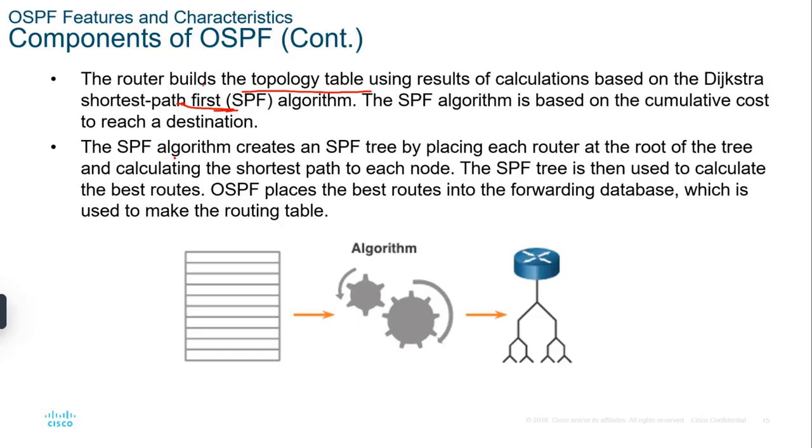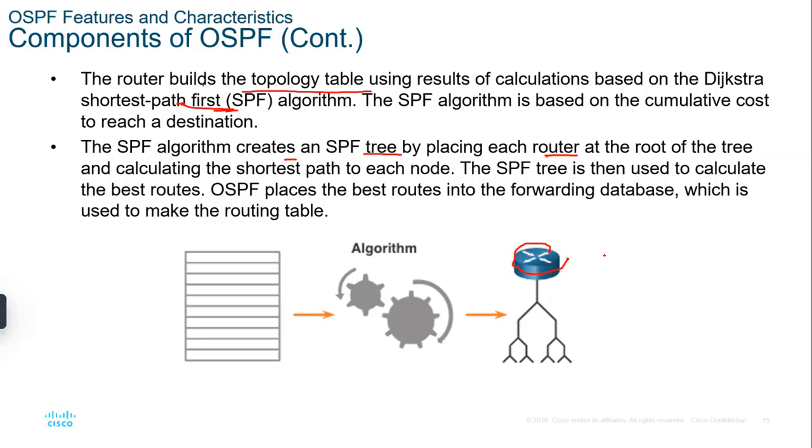So the shortest path first algorithm creates a tree by placing each router at the top of the tree, and then calculating the shortest path to reach each node. Every router is used as the top of the tree, and then you start calculating the shortest path from that very router to this other router.